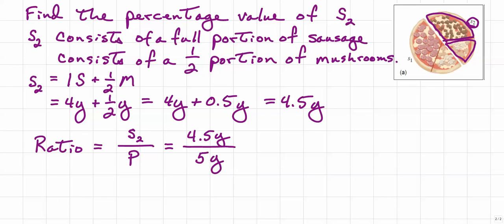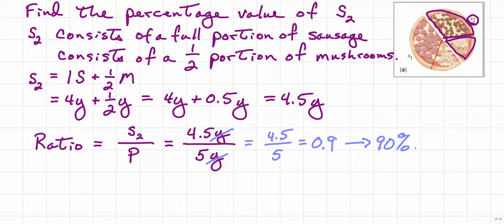Once again, the y's will divide out and we'll be left with 4.5 over 5, which as a decimal is equal to 0.9 or 90%. And remember, this is the value to Paula.